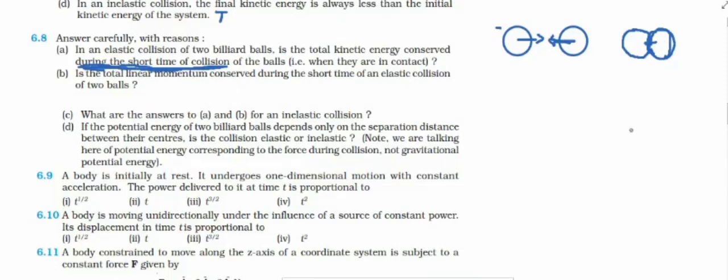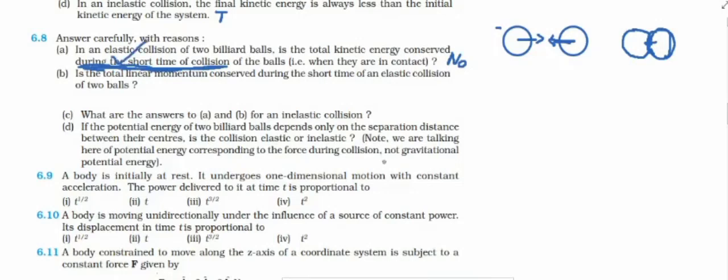So long as they are in contact it stays so. When they are out of contact, this potential energy is converted back into kinetic energy and they continue to move. So what is our answer? The answer is no.